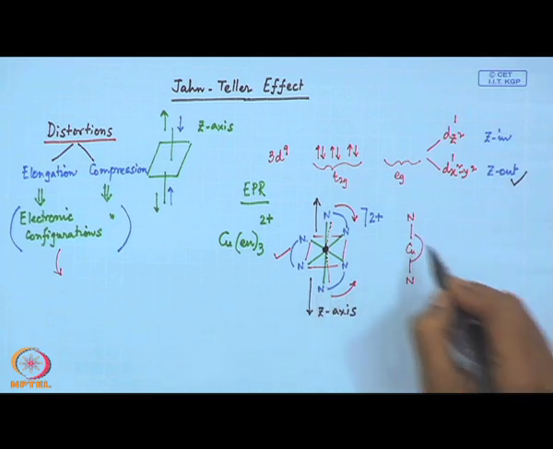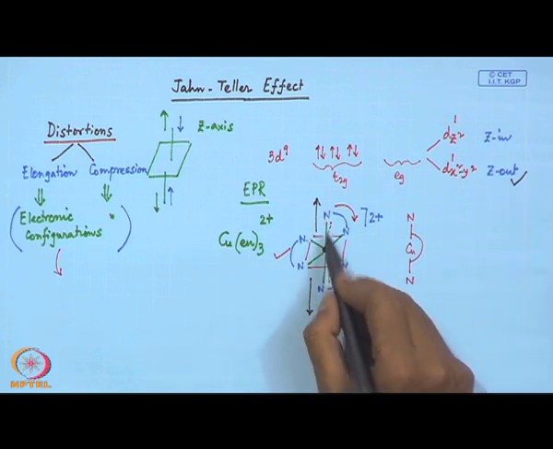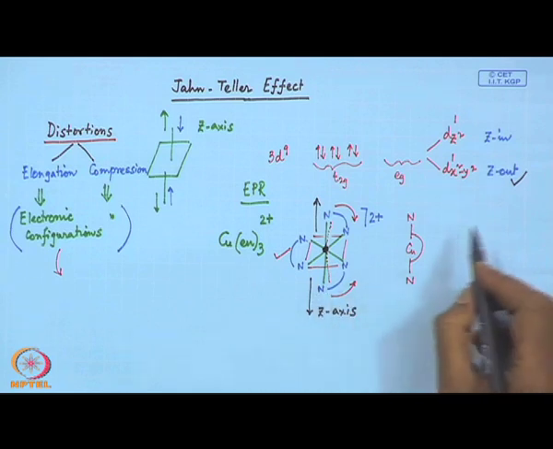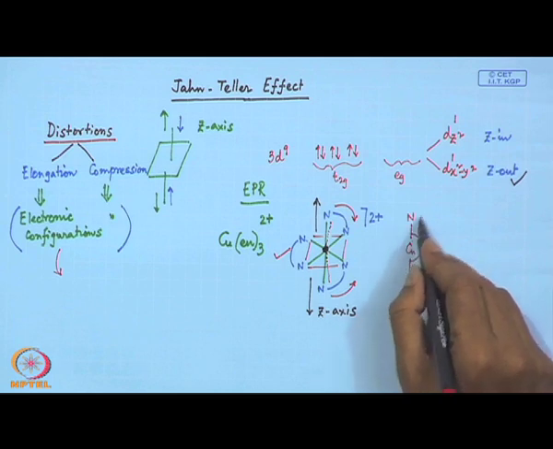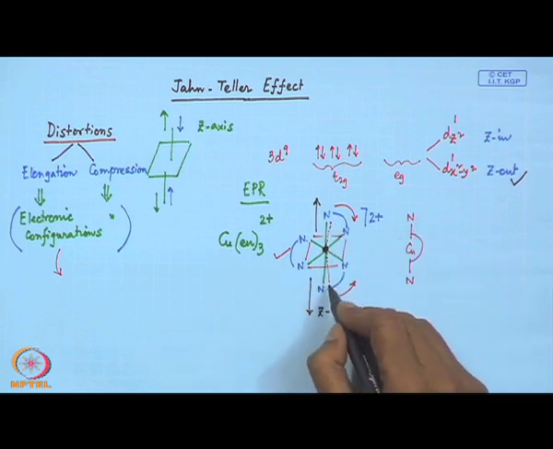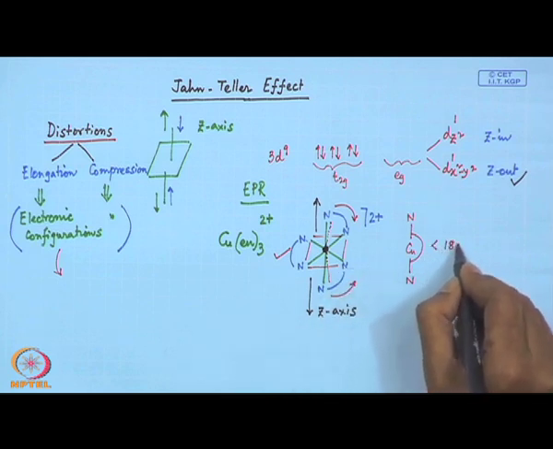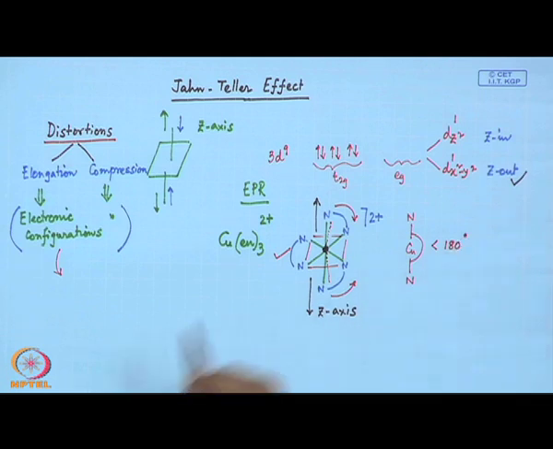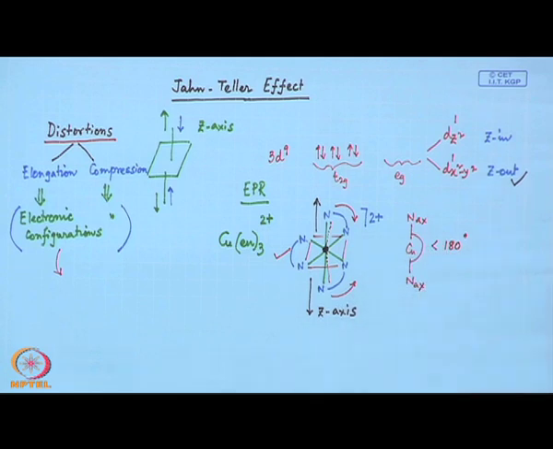Ideally, if we do not have any distortion related to the lengthening in the tris chelate molecule, this is close to 180 degree, but when we move from this right hand side direction and this is also moving towards the square plane, we get the nitrogen copper nitrogen axial. So, this is axial and this is also axial, so the nitrogen axial copper nitrogen axial angle should then be less than 180 degree.